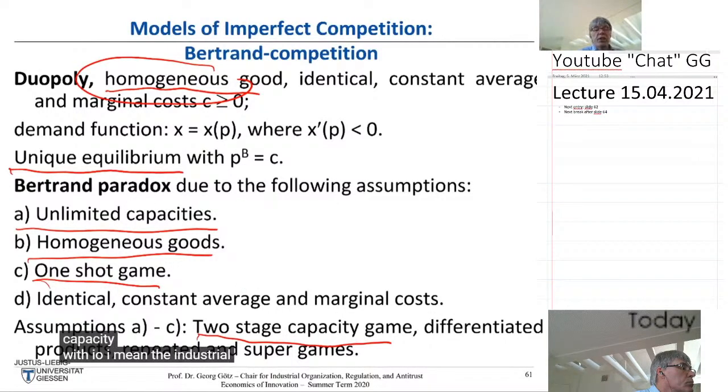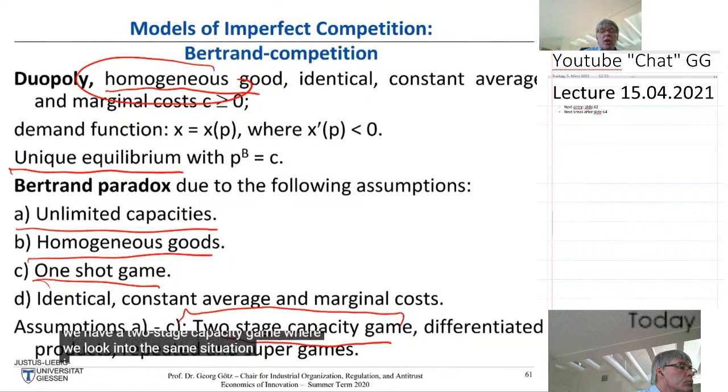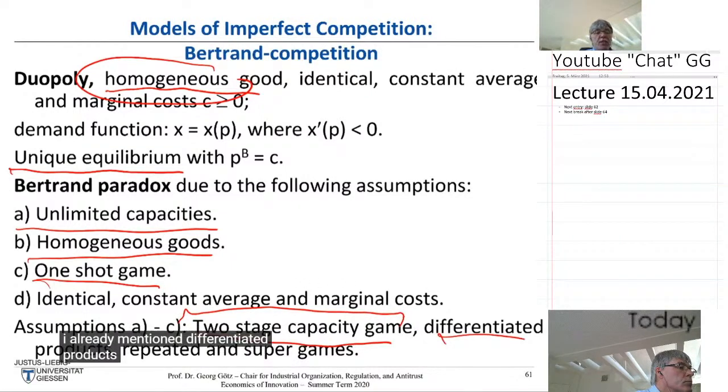With IO, I mean the industrial organization course I'm going to teach in the winter again, and I taught last winter. We have a two-stage capacity game where we look into the same situation. I already mentioned differentiated products as a departure from homogeneous goods, and repeated games and supergames. We won't do that, but a supergame is a game which is repeated infinitely many times.